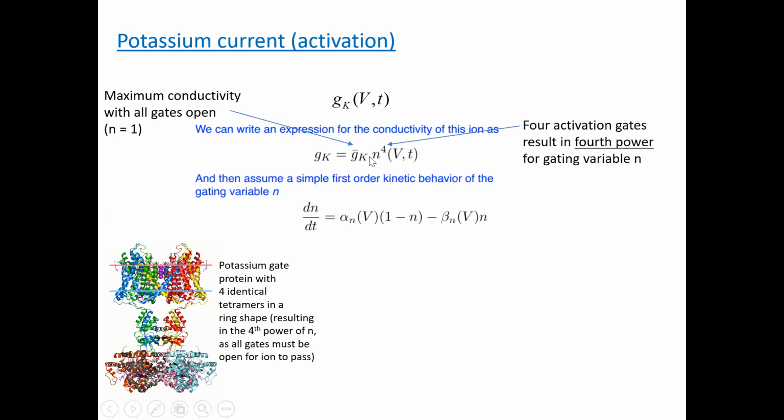So we have the fourth power because of the 4 gates in the channel, but then the gating variable n follows the form we saw in the previous slide for F. The change in the fraction of open potassium channels is equal to the fraction of closed channels times the rate at which closed become open, which is alpha, minus the fraction of open channels times the rate at which open become closed, which is beta.